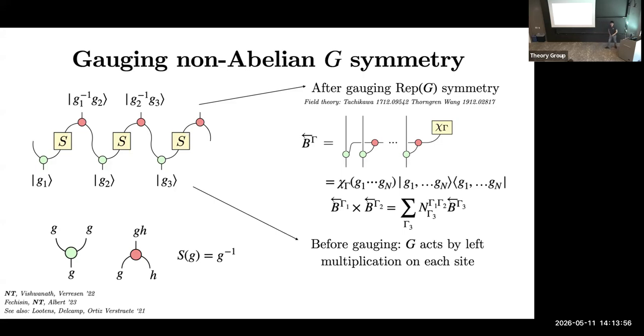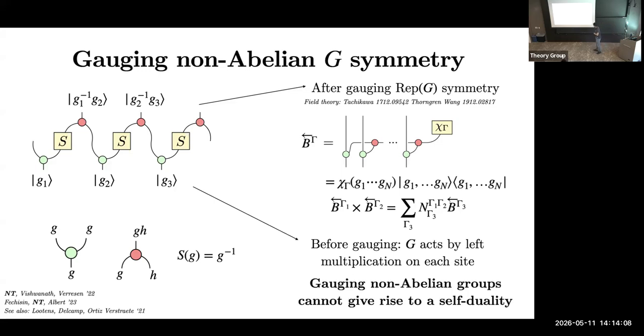So for a non-abelian group, this symmetry is non-invertible now. So this map maps you from an invertible G symmetry to a non-invertible rep G symmetry, right? So for non-abelian groups, it does not give us a self-duality. Okay, so gauging non-abelian groups gives us a dual symmetry, rep G, but it's not the same symmetry, so it cannot give us a self-duality.